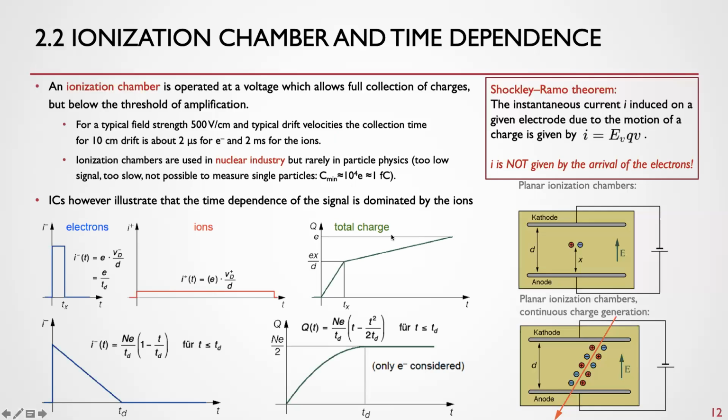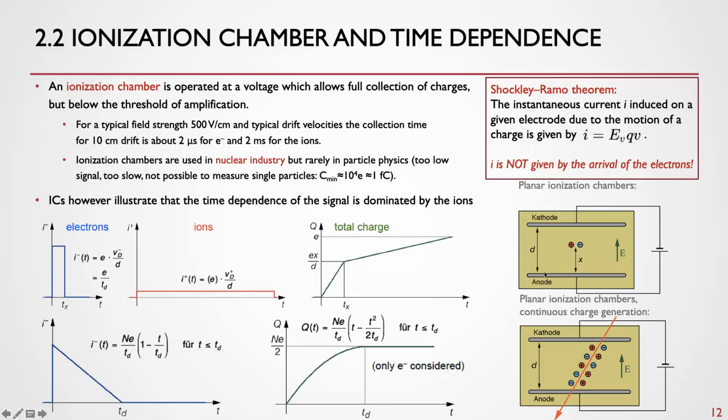So listen up. The top row here shows the currents produced by electrons and ions. We have an electron-ion pair created at a distance x from the anode. The electric field points to the cathode, and now the electron moves to the anode. It does so very fast.